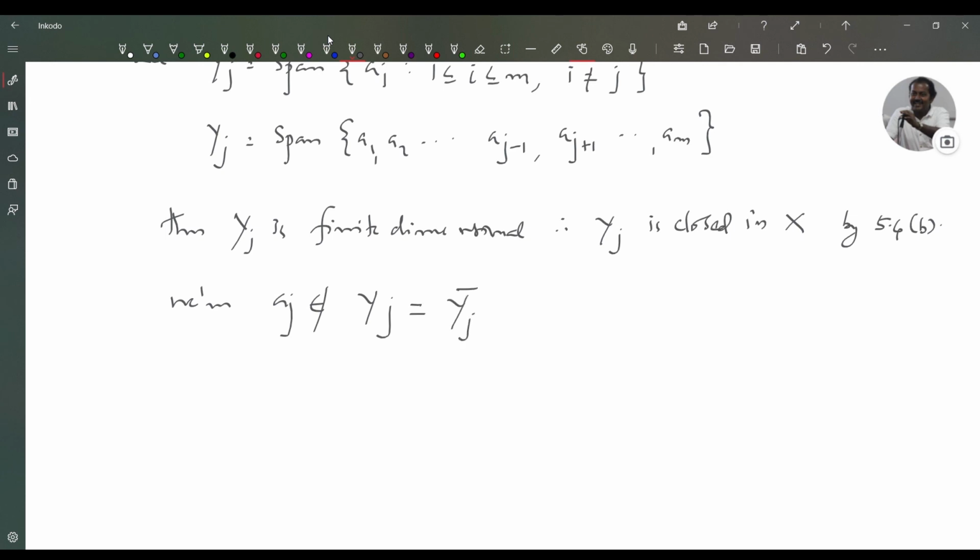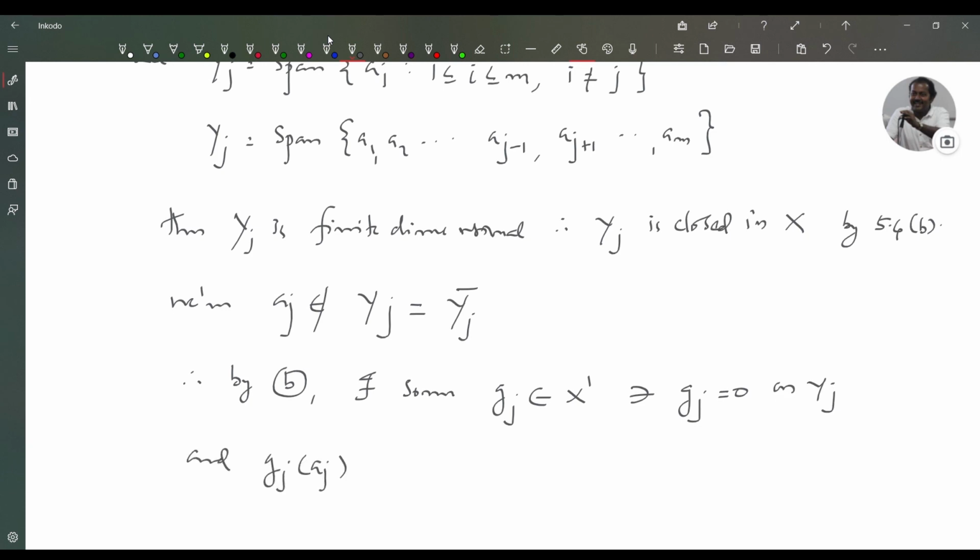Therefore, by part B of this theorem, there is some gj in X* such that gj equals 0 on Yj and gj of aj equals the distance between aj and Yj. This is not equal to 0 since aj does not belong to Yj.